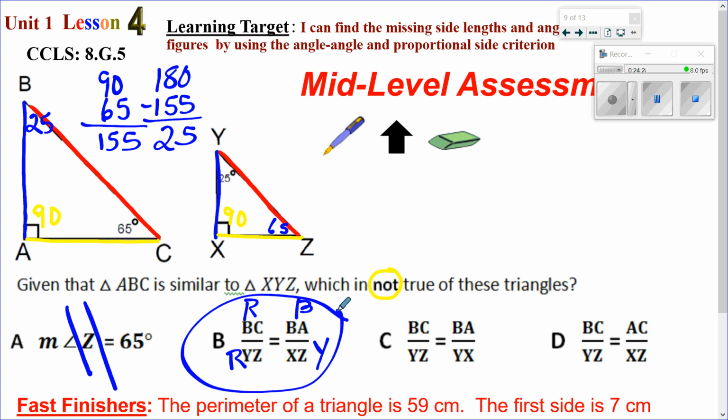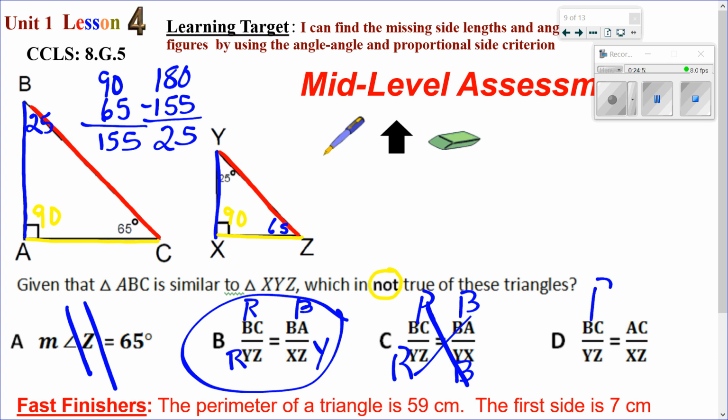Let me show you this. That one is not the answer. BC is red. YZ is red. BA is blue. And YX is blue. So they're equal. Red, blue, or you can go red, red, blue, blue. So this is not the answer because this is true. They're asking what's not true.